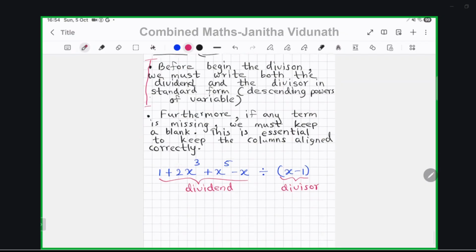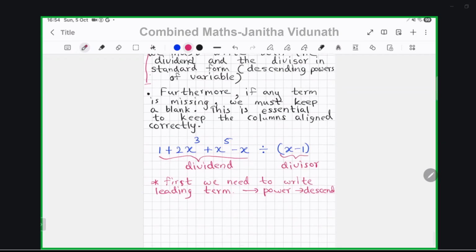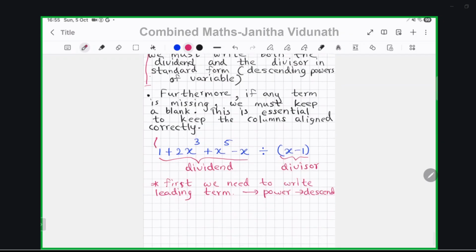That means first we need to write our leading term. Then powers are written in descending order.